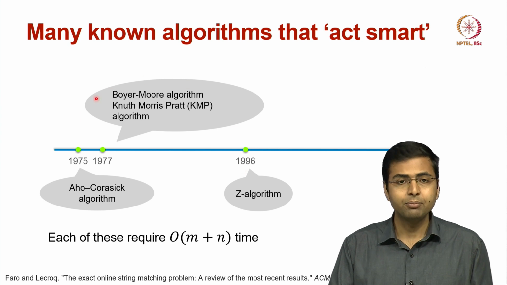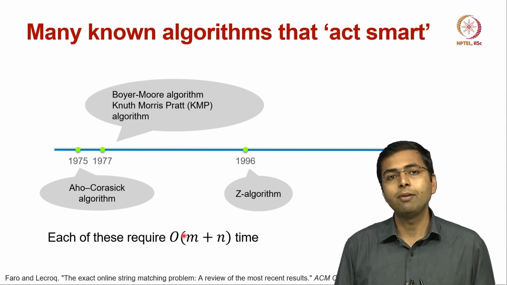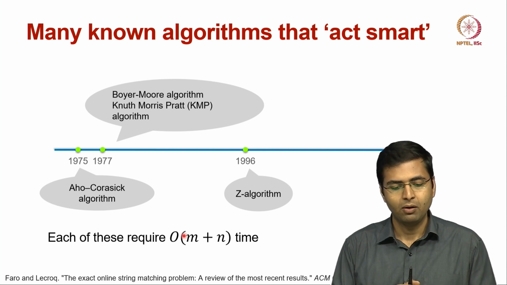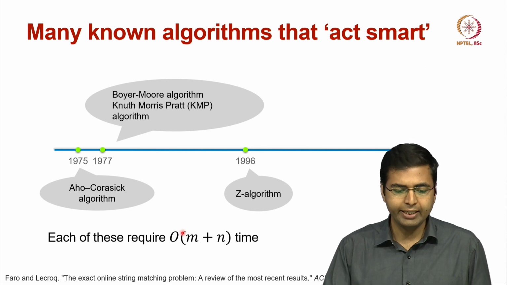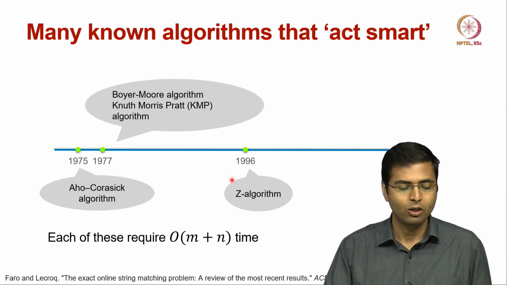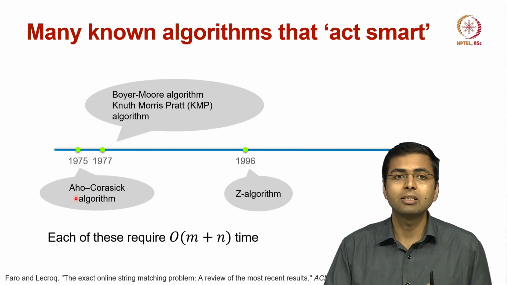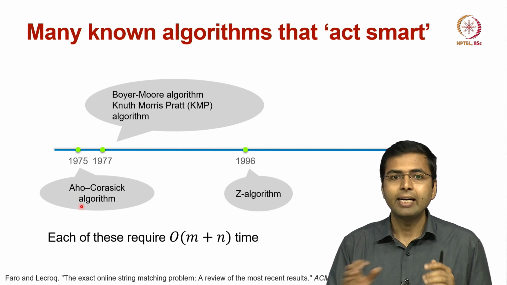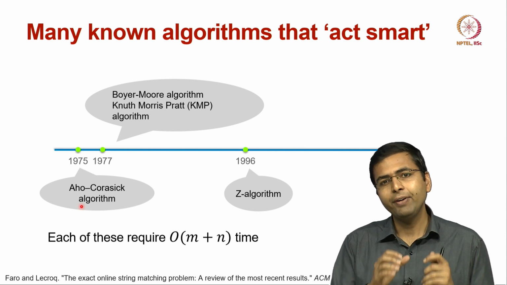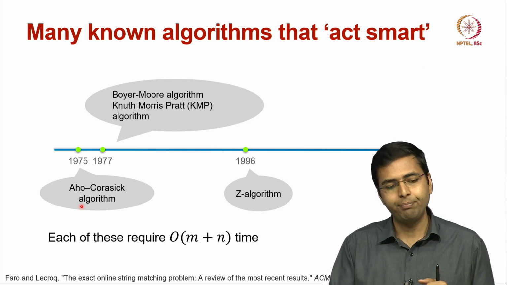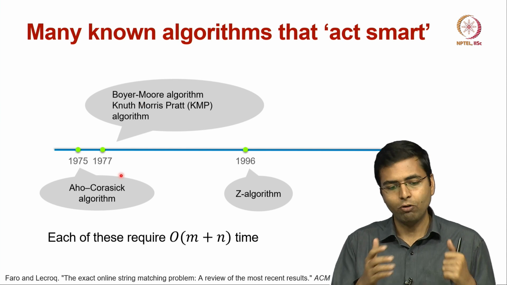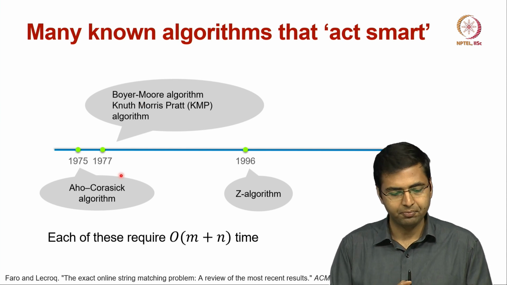Each of these algorithms requires order m plus n time for solving the exact pattern matching problem. One may wonder what was the need of this algorithm in 1996 when algorithms with the same time complexity already existed from the 1970s. It turns out that the Z algorithm is significantly simpler to understand and implement compared to the previous algorithms, and that is why I have chosen the Z algorithm for teaching in this course.